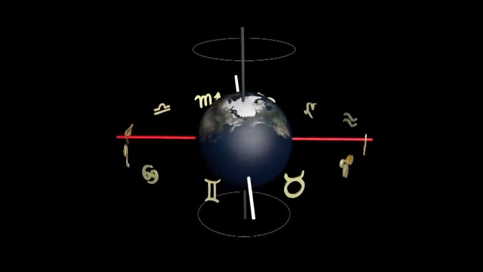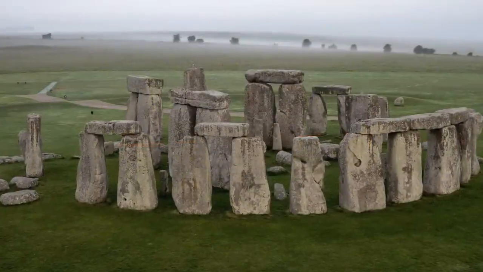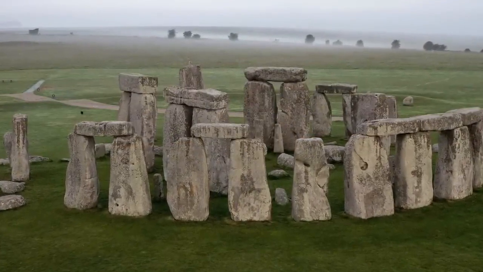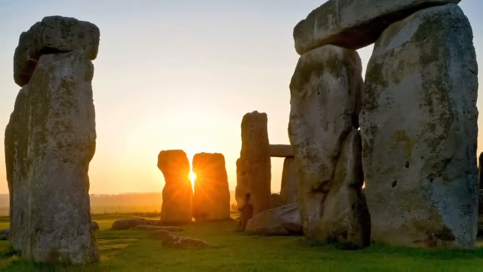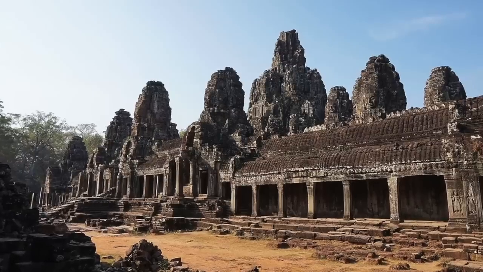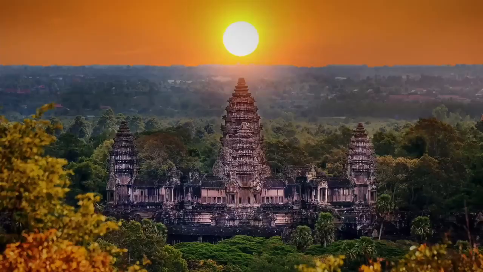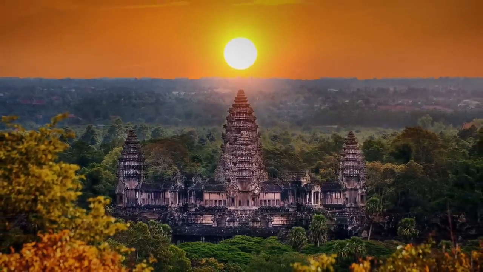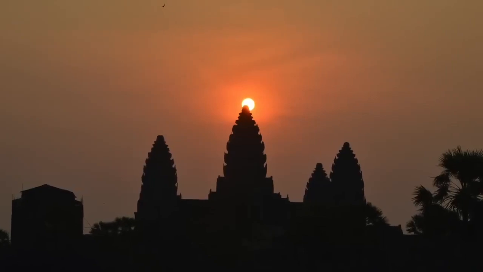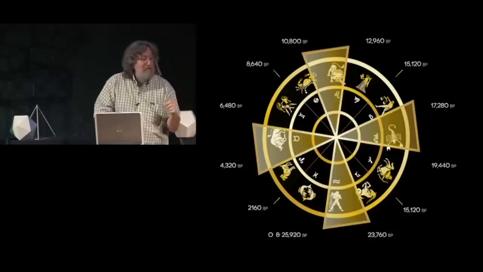So they would set up structures, oftentimes on a very large scale, oriented to certain points in space, so that one could, from certain vantage points, such as the center of a ringed megalithic structure or the center of a temple that had an axial orientation to a certain point on the horizon, make minute observations of this slowly shifting vernal equinox, or, for example, the solstices. The vernal equinox and the solstices are two lines in space that are at right angles to each other. I'll show you a graphic in a minute.